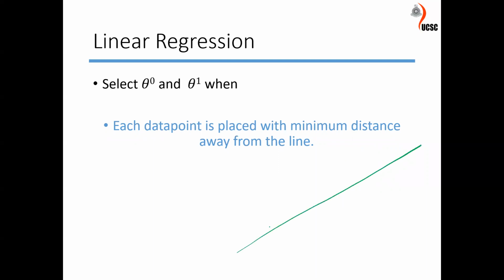We should come up with this hypothesis to reduce this distance for each data point. That basically means this data point should be closer to our hypothesis. That means we should reduce this distance, this error.